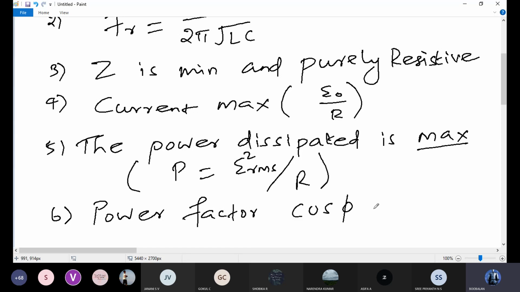The value is 1 because phi value is 0. Why phi value is 0? Current and voltage both are in the same phase. You yourself remember, purely resistive means current and voltage both are in the same phase.